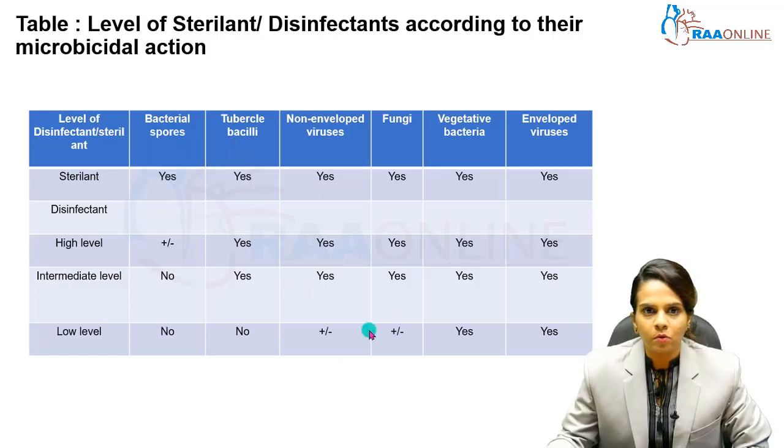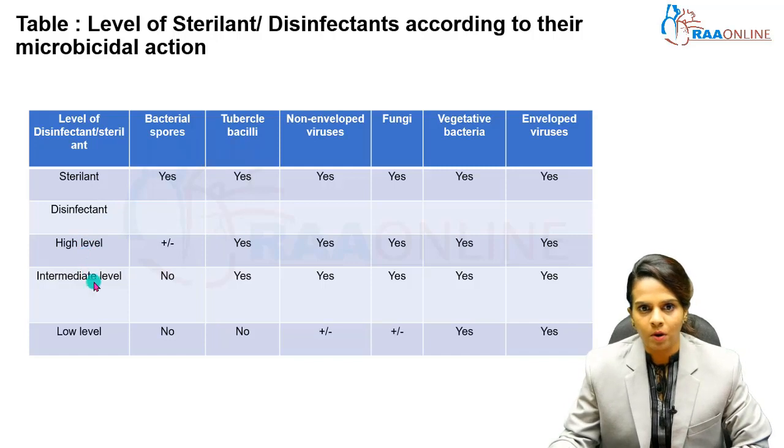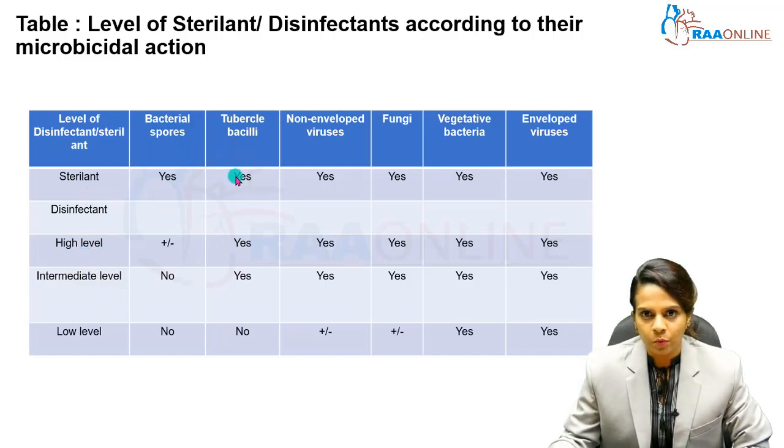So this is a table showing the level of sterilant and disinfectants according to their microbicidal action. As I told before, based on the degree of killing of spores and other microbes, these are classified as sterilant and disinfectant, and disinfectants are again classified, based on the degree of killing, into high level, intermediate level and low level. Sterilant destroys bacterial spores, tubercle bacilli, non-enveloped viruses, fungi, vegetative bacteria and enveloped viruses.